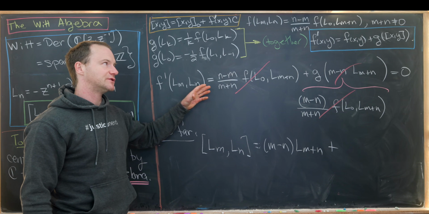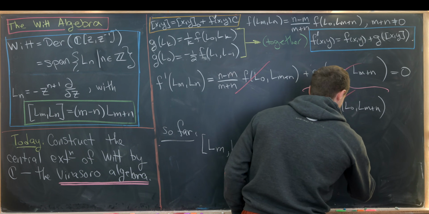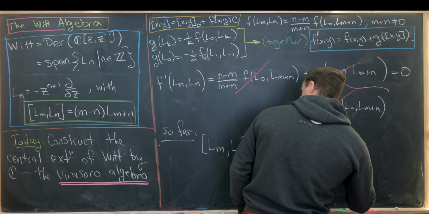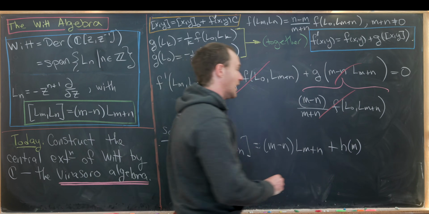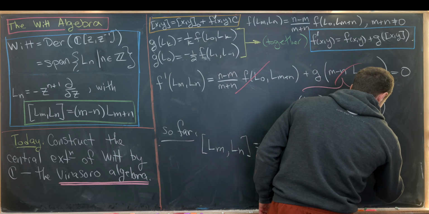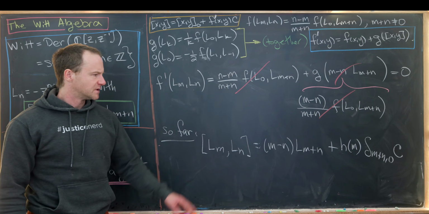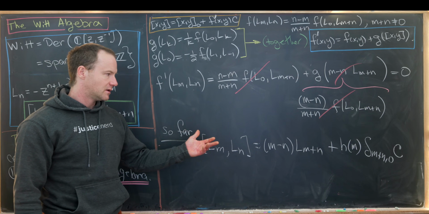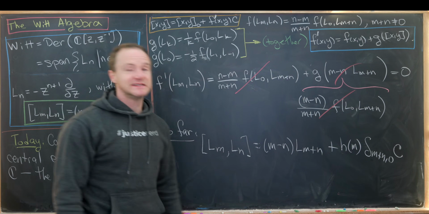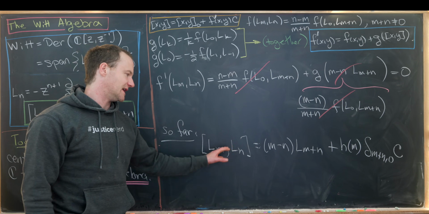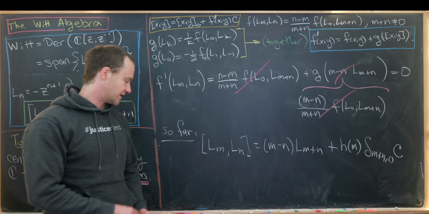The only time it's not 0 is if m plus n is 0, so we can rewrite that as a new function, h, evaluated at m. It only depends on m now. Delta m plus n, 0, and then our new basis vector. So it only depends on m because this term is only non-zero when n is equal to minus m, which means n and m are kind of interlinked here, and we only really have one parameter down here.